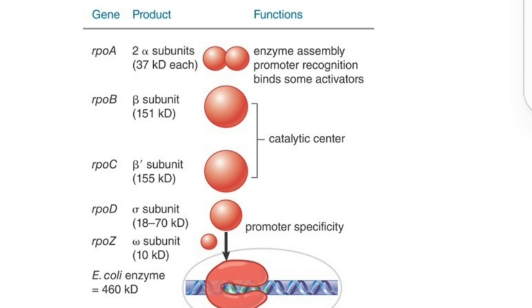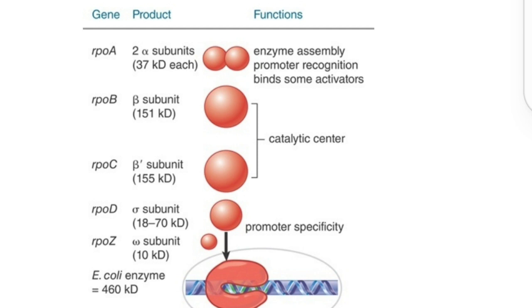In all bacteria, a single type of RNA polymerase is responsible for the synthesis of rRNA, mRNA and tRNA, but in eukaryotes, rRNA, mRNA and tRNA are transcribed by different RNA polymerases, that is RNA polymerase 1, polymerase 2 and polymerase 3 respectively.